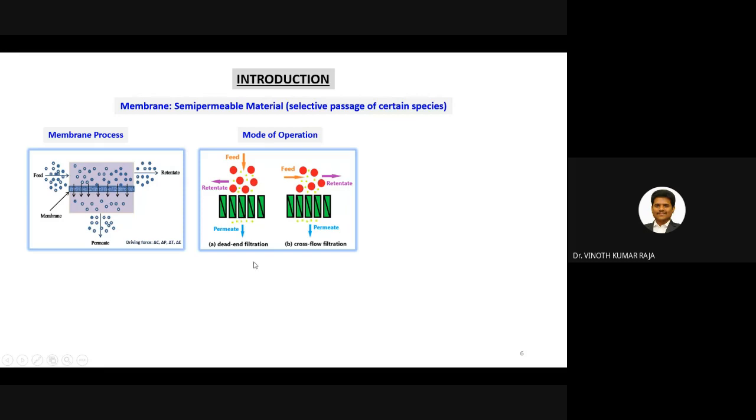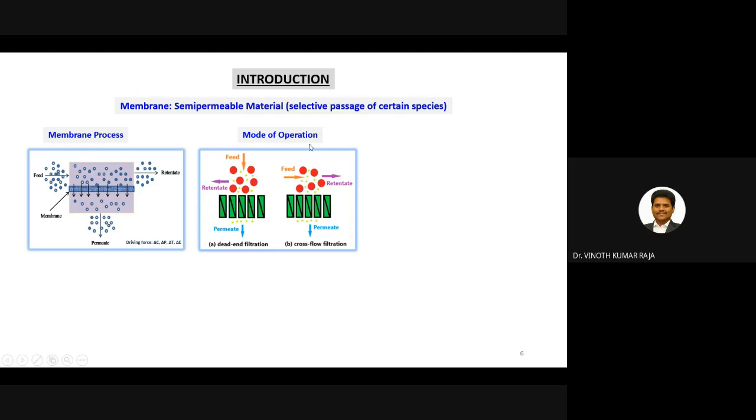In cross-flow filtration, the arrangement allows the fluid to flow parallel to the membrane surface. Most of the particles or solids are swept away with the flowing feed-side liquid.